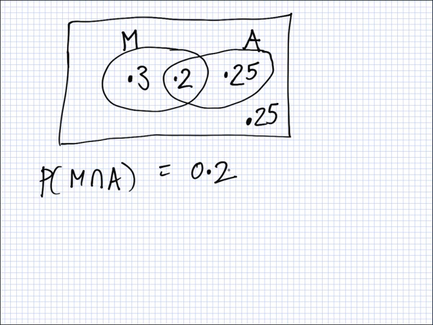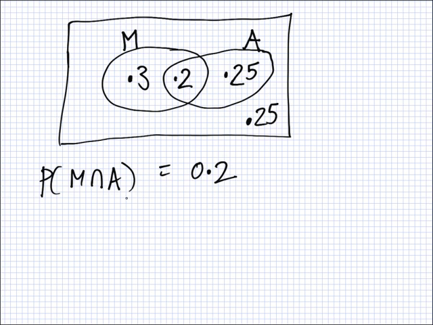What is the probability that you pick someone at random and they're both male and have an acceptance offer for university? It's 20%. Male and accepted, intersection, 20%. Yeah? That's okay?